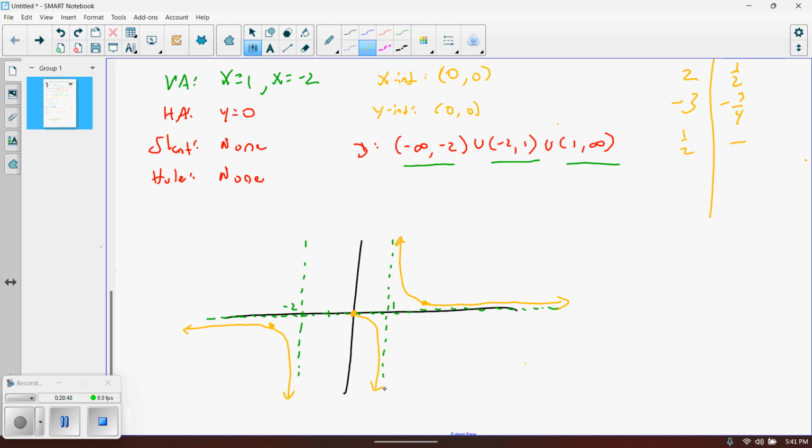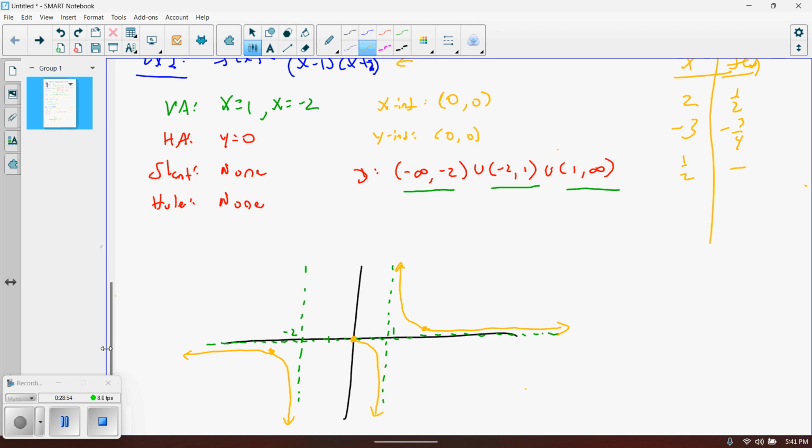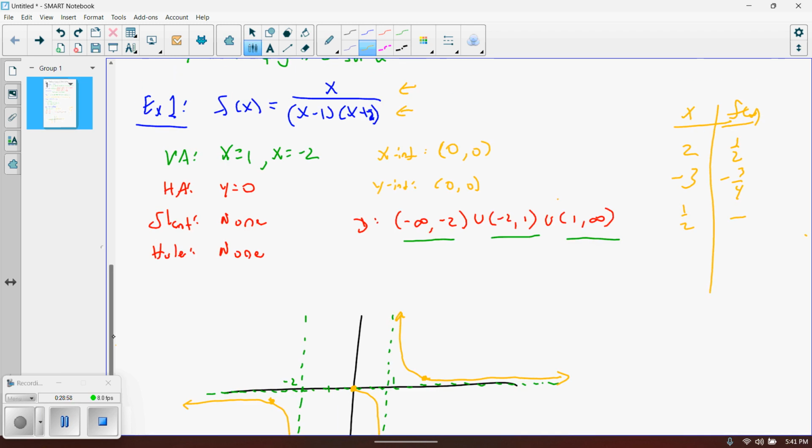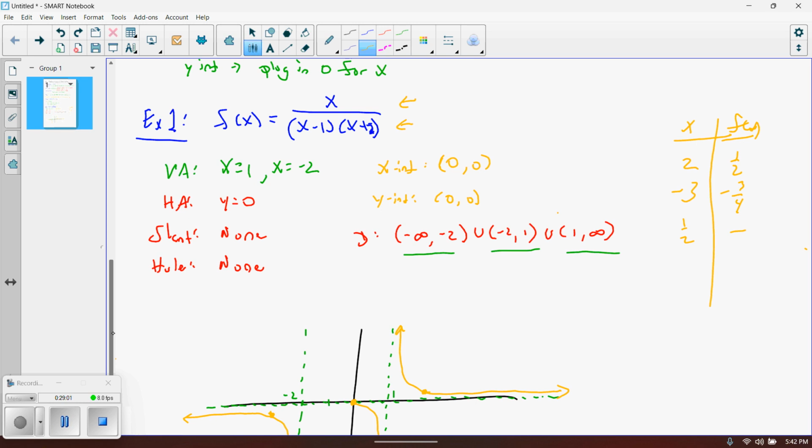Okay, now let's see. Is it going to go down as we go to the left as well, or is this thing going to go up? Let's double check. Let's take a number in between -2 and 0, like -1. Plug a -1 on top. It's going to create a negative on the top.